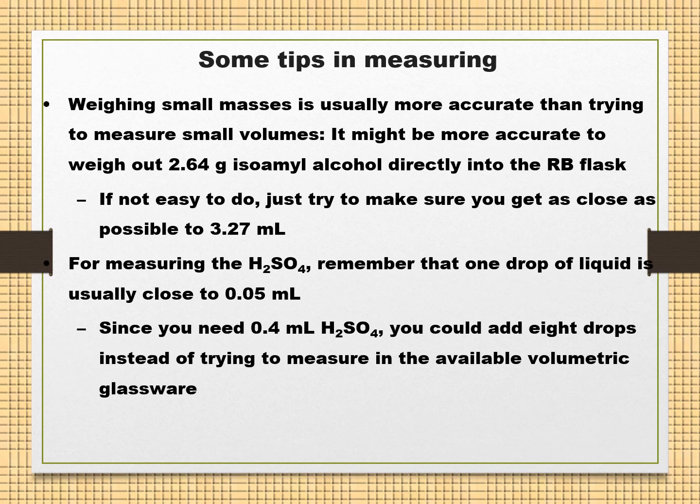When you add 8 drops, it means you have reached 0.5 milliliter. Again, try to add the drops using a glass pipette rather than a plastic pipette, so that you can make uniform drops. You can also control the dropping more than using the plastic pipette.